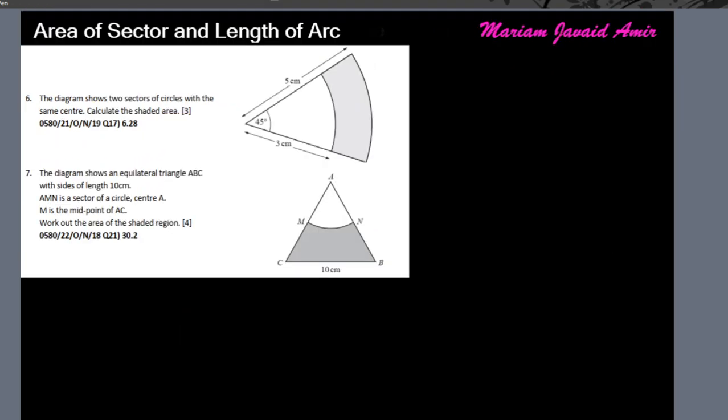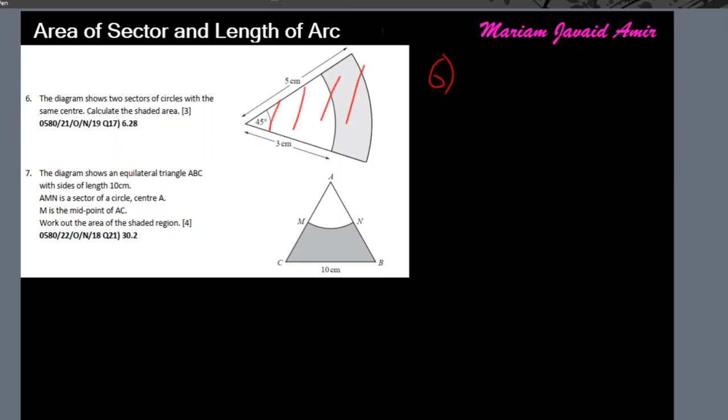Question number 6. The diagram shows two sectors of a circle with the same center. Calculate the shaded area. Alright, so the shaded area is total area minus unshaded area.